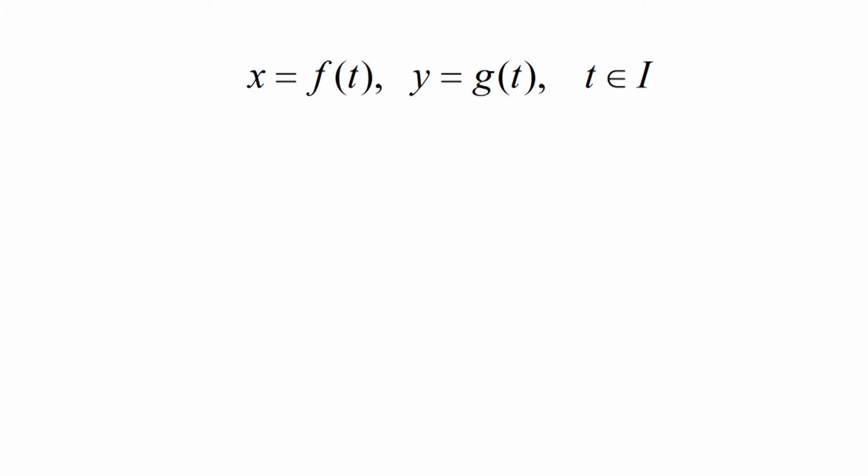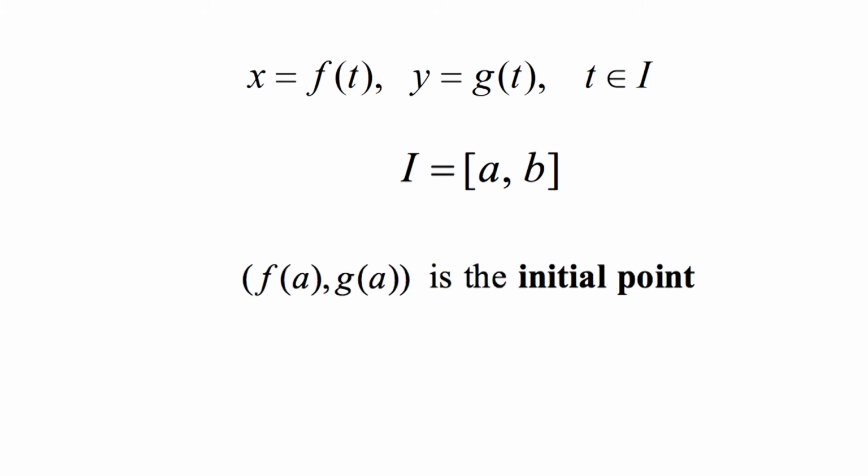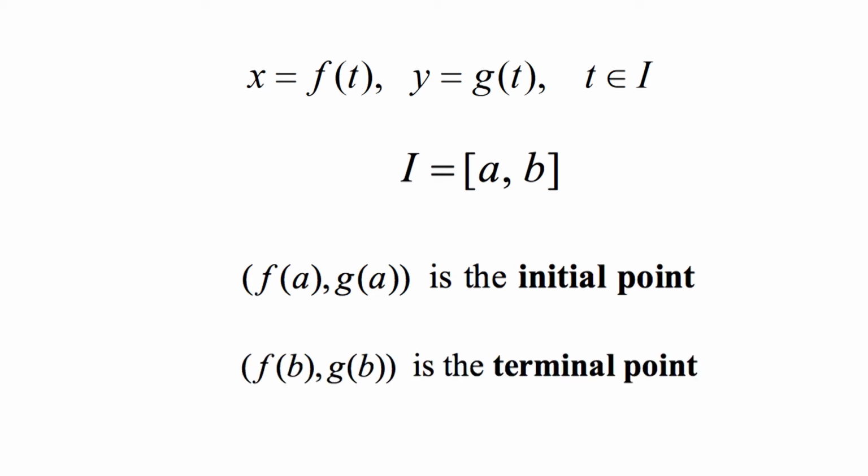In a representation by means of parametric equations, x = f(t) and y = g(t) with t belonging to I, where I is a closed interval, say I = [a, b], then the point (f(a), g(a)) is the initial point of the curve and the point (f(b), g(b)) is the terminal point of the curve.